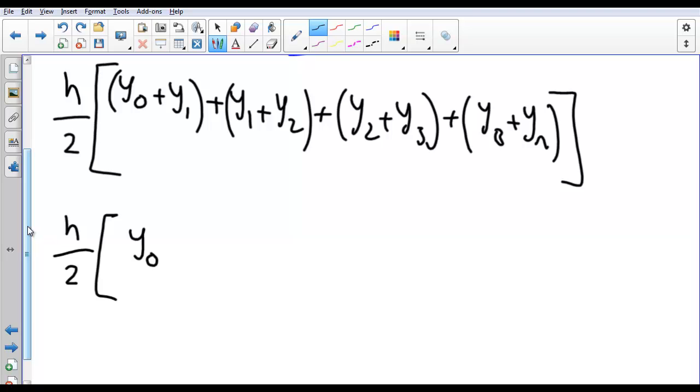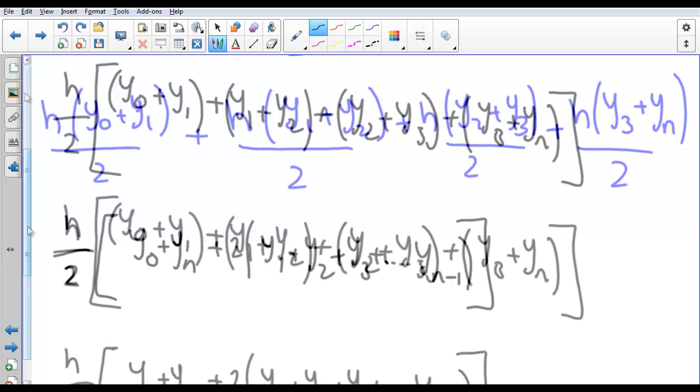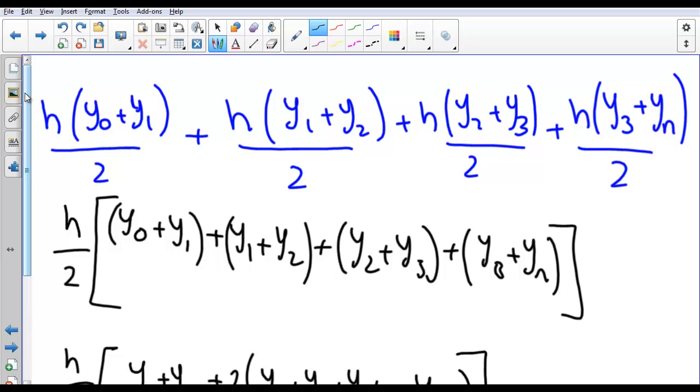So can we put y0 plus, I'll leave a space so we can put something else in there, plus 2 lots of y1, y2, y3, up to the one before the last one, n minus 1, if we've got more than 3. Plus, of course, we've got yn. Close bracket.